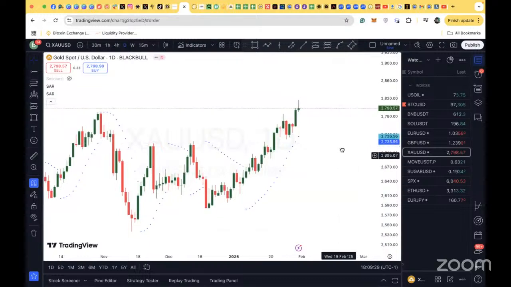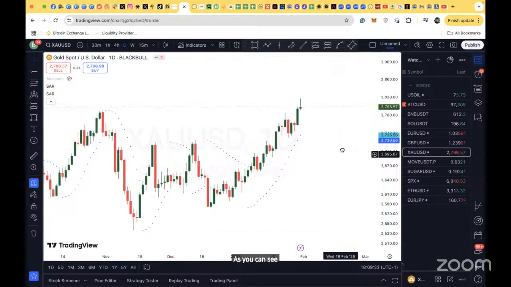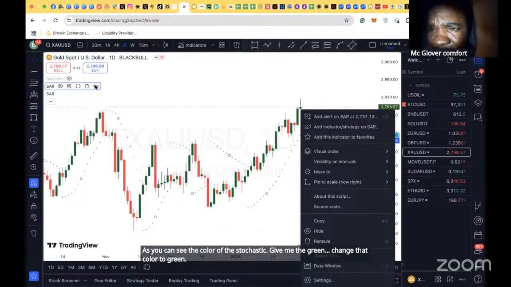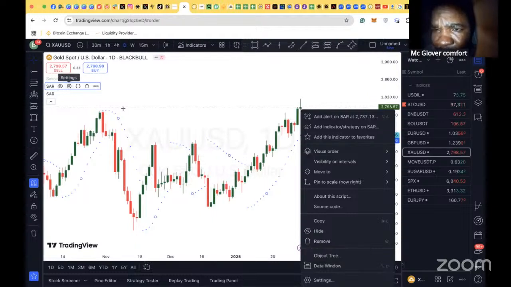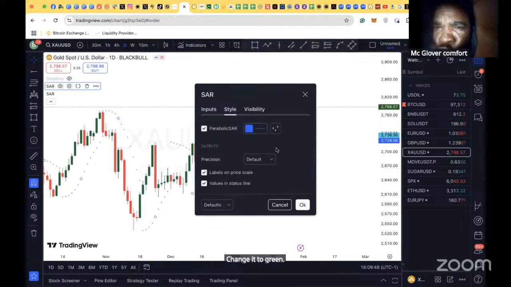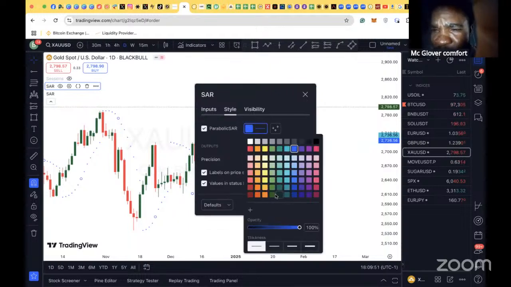Oh no, I didn't see the color of the SAR. Give me the green. Change that color to green. Change it to green or black.